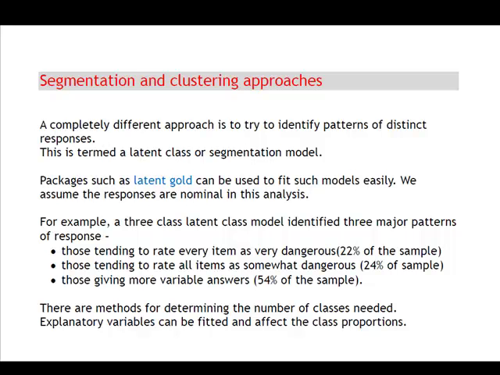Well, concerned a little bit. They're somewhat dangerous, but are 24% of the sample, and then a big group in the middle, 54%, giving more variable answers. If we fitted more latent classes, that 54% would be split up into further groups. But I just wanted to illustrate it very quickly. And there's a great package called Latent Gold that can fit latent class models very easily.